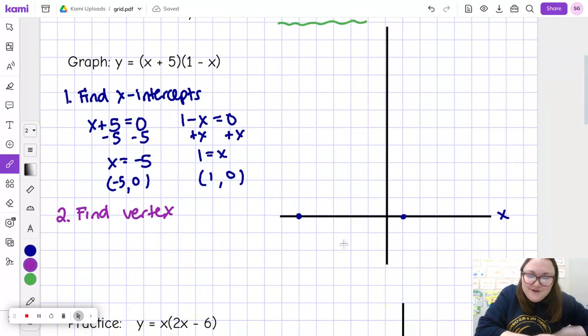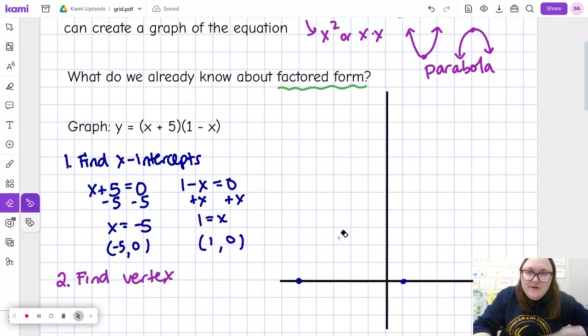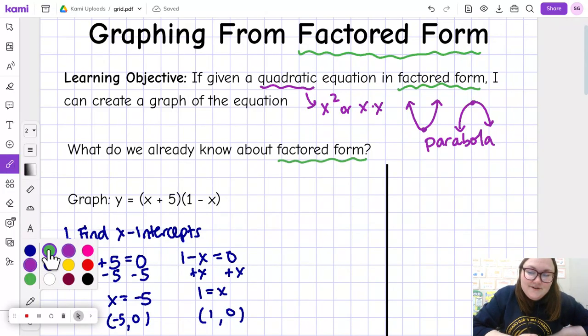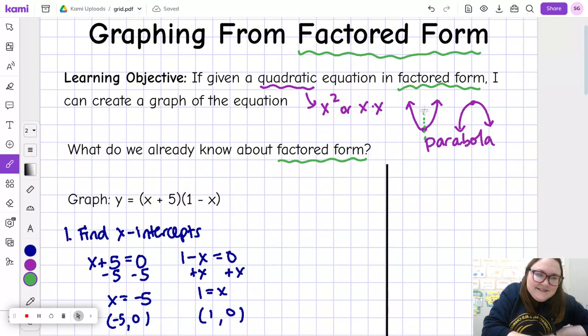For example, if I know the vertex is right here, then I know now where the parabola is. There's one other thing, though, we know about a vertex. We haven't discussed it yet, but it's something we've seen in a lot of examples. When you look at the location of the vertex, we've talked a lot about how it's the lowest point or the highest point, but notice it's always in the middle.